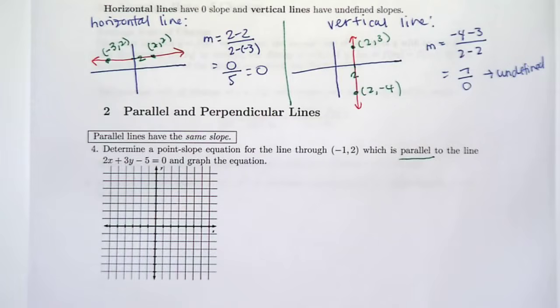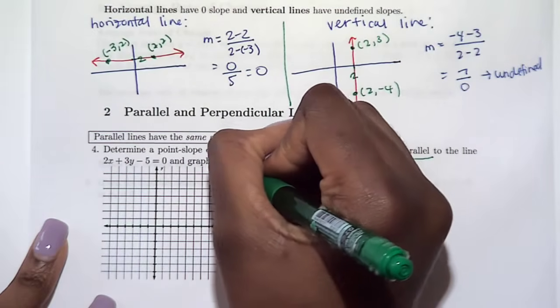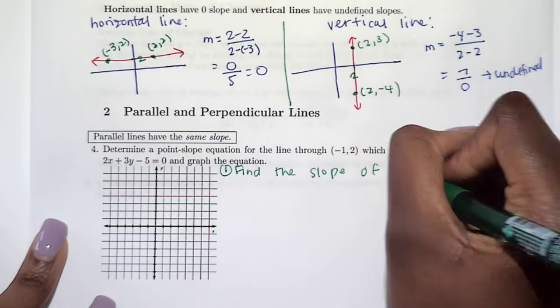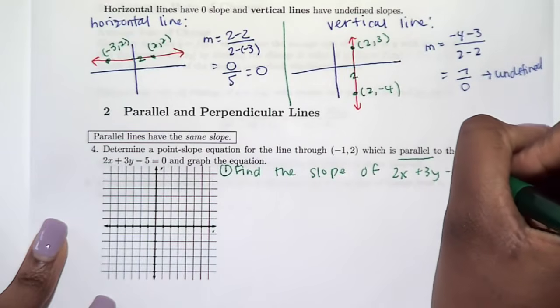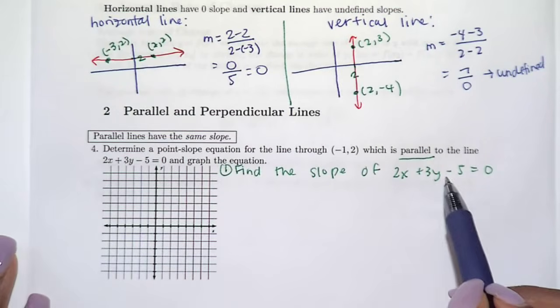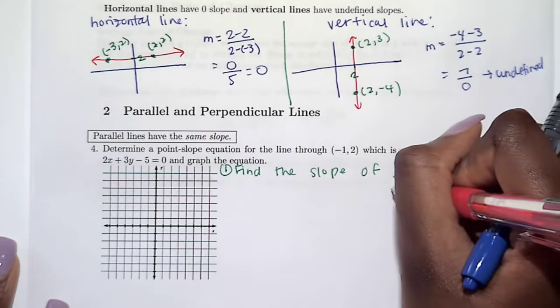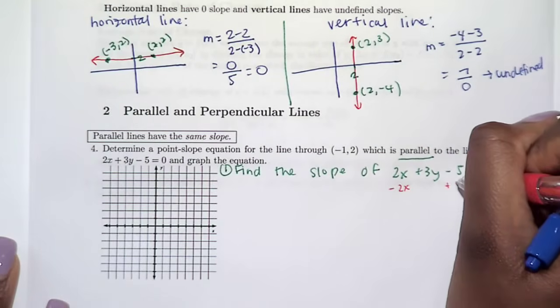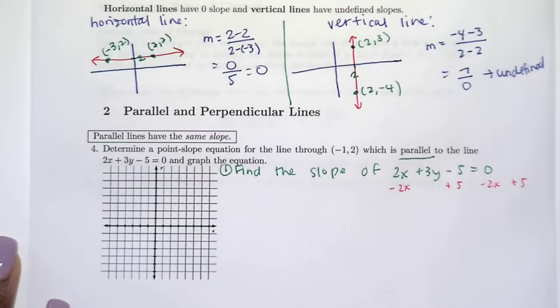So first, let's find the slope of 2x plus 3y minus 5 equals 0. Okay, so the easiest way to figure out a slope of a line is to put the line into slope-intercept form because it tells you the slope right away. So I'm going to solve for y. So first things first, I'm going to subtract 2x from both sides, and I'm also going to add a 5 to both sides.